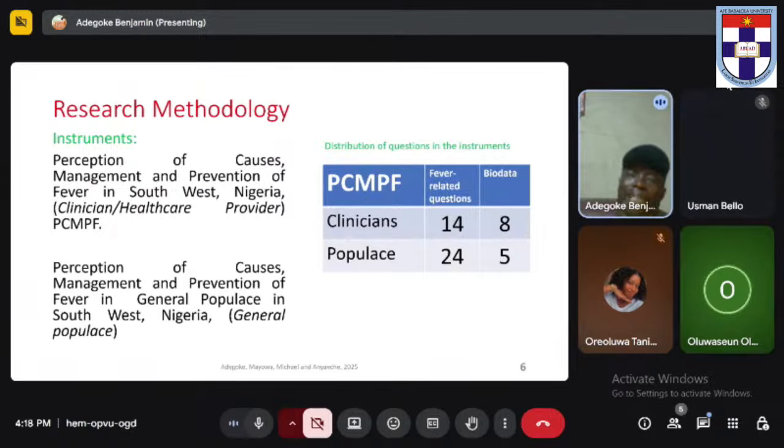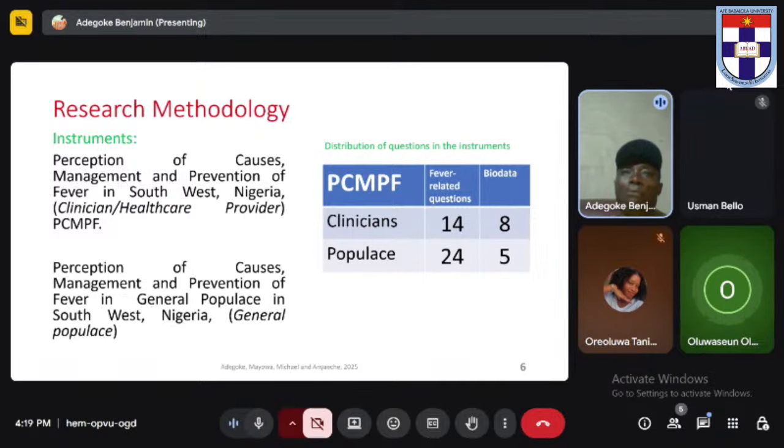This research was conducted to get the awareness of clinicians and the general populace about the availability and possibility of employing fourth generation industrial revolutionary tools, where we have the Internet of Things, IT, artificial intelligence of medical things.